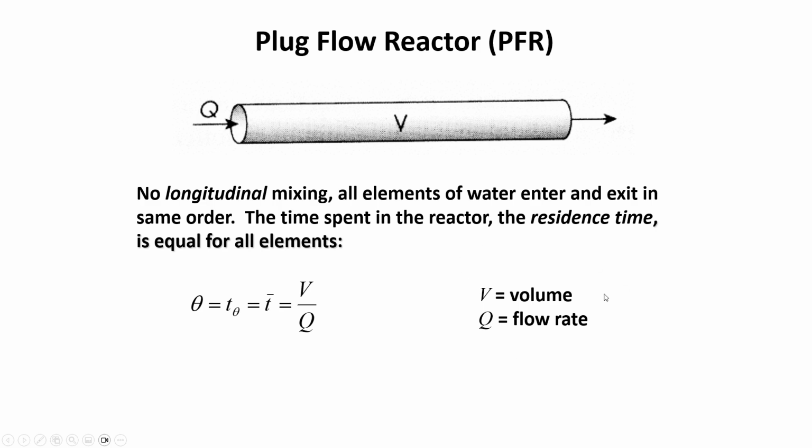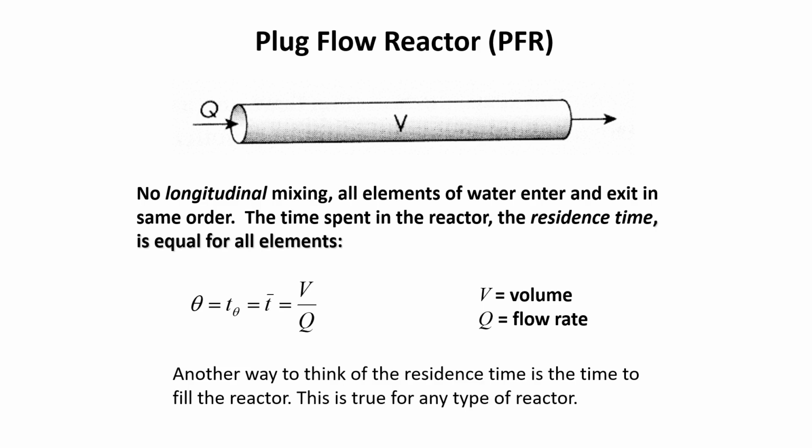So if volume is in cubic meters and flow rate is in cubic meters per second, then your residence time would be in seconds. Another way to think of the residence time is, if it was empty, how long it would take to fill up the reactor at a certain flow rate. So whether it's a plug flow reactor or completely mixed flow, residence time has the same definition, hydraulic residence time: the residence time of the liquid that's going into the reactor.